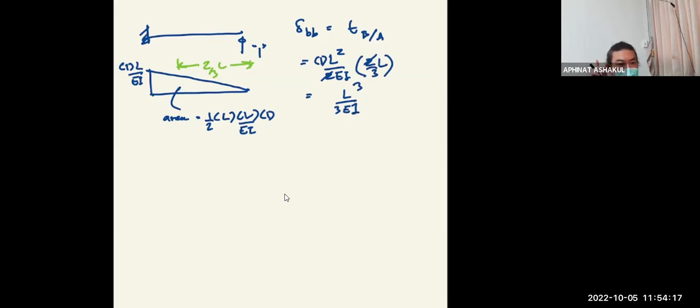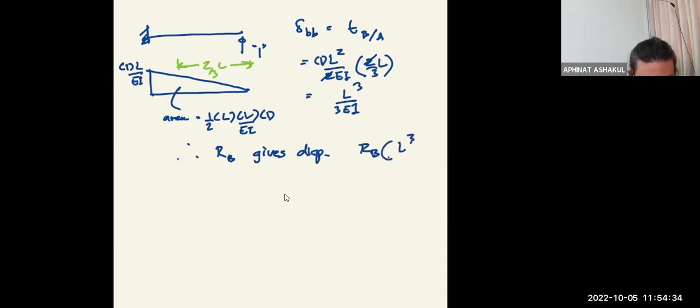Now I know the load equal to 1 gives me that displacement, and as a result, RB gives a displacement equal to RB multiplied by the displacement caused by the load that is equal to 1.